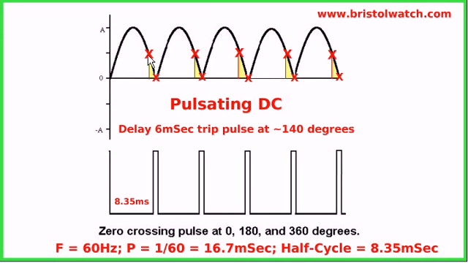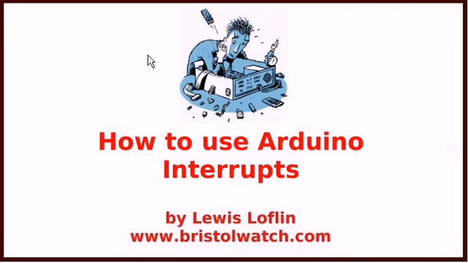Delay 6 milliseconds, it's not on much at all. And that's an introduction on how to use interrupts, and you'll see 2 small video clips following this showing this principle in action on an oscilloscope and how you can control pulsating DC and AC using interrupts and a 0 crossing pulse. Thanks for listening, and I hope this was helpful.